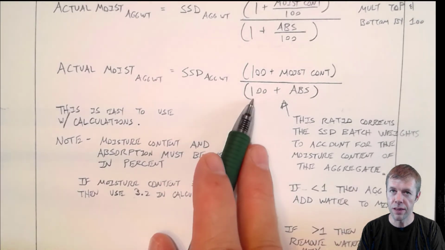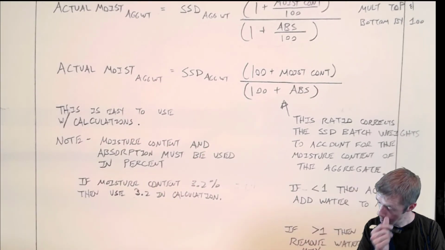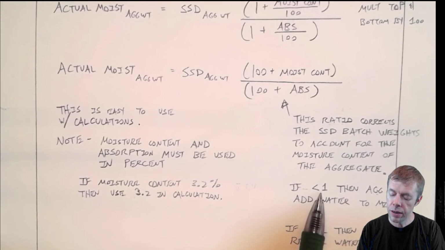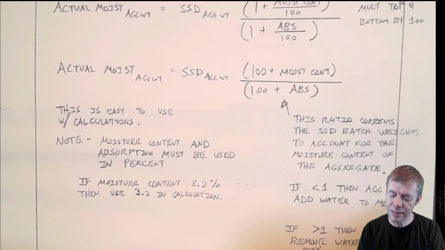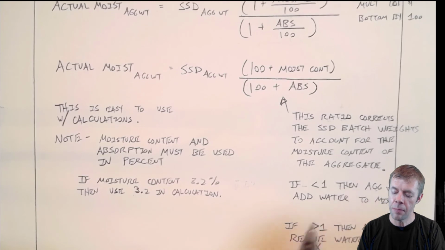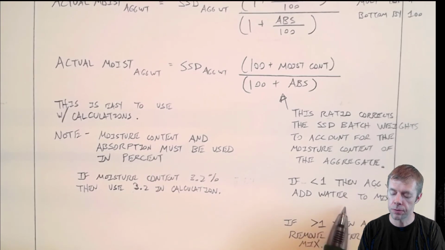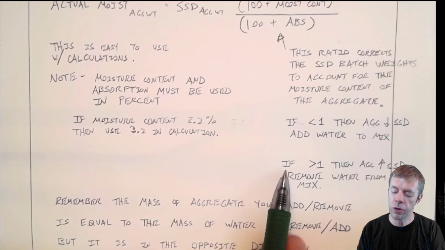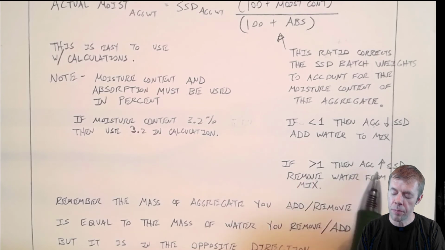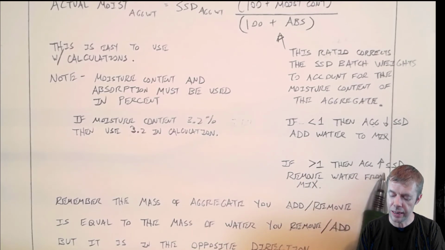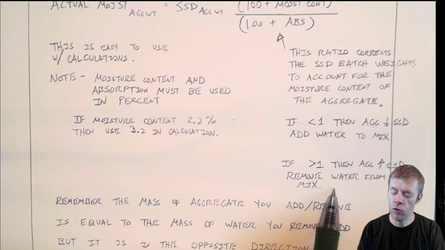This is the secret. And this number, if it's less than 1, then that means your aggregate is less than SSD, and that means we're going to have to add water to the mix. And if the number is greater than 1, then that means the aggregate's greater than SSD, and that means we're going to have to remove water from the mix.